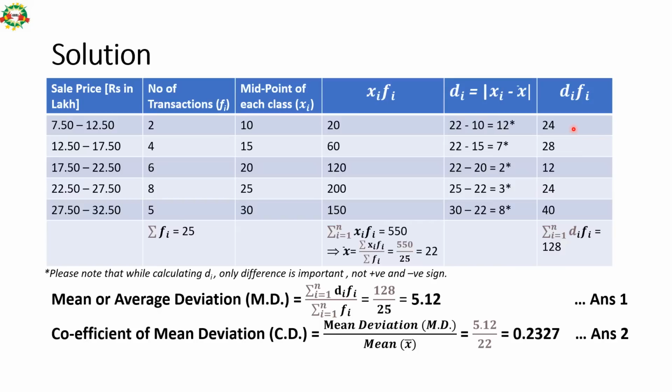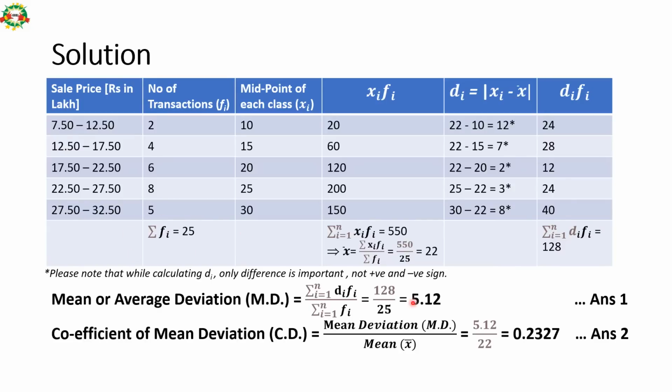Then we have to calculate di multiplied by fi. So di is 12 multiplied by 2 is 24. Likewise calculate all and take the sum total of difi, 128. Now we remember the formula. Mean or average deviation is this value divided by the sum total of frequency.